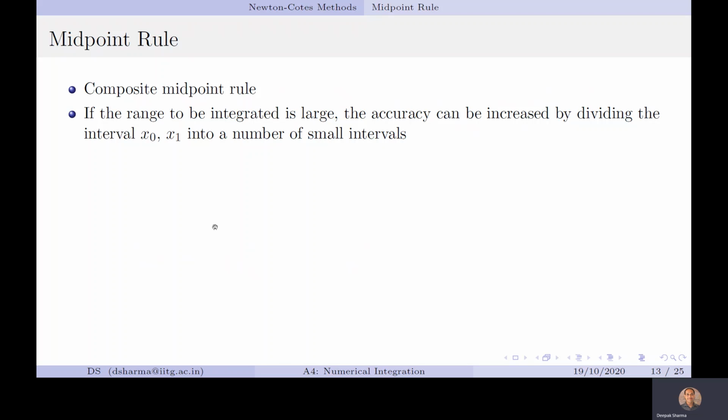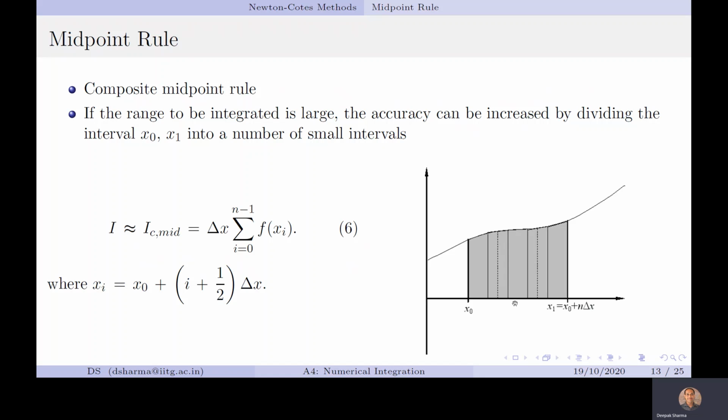Now, if we want to find the composite midpoint, composite means that we are going to divide x0 to x1 into n number of intervals. Looking at the figure on the right-hand side, we are going to divide this interval into n small steps. So the integral will become delta x times the summation of i equals 0 to n minus 1 of the function value of xi.